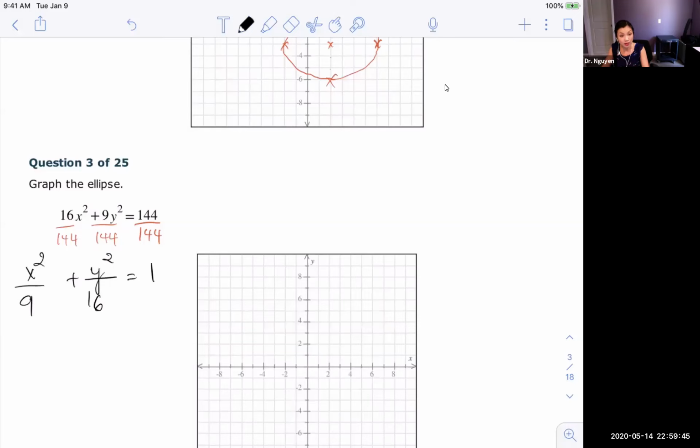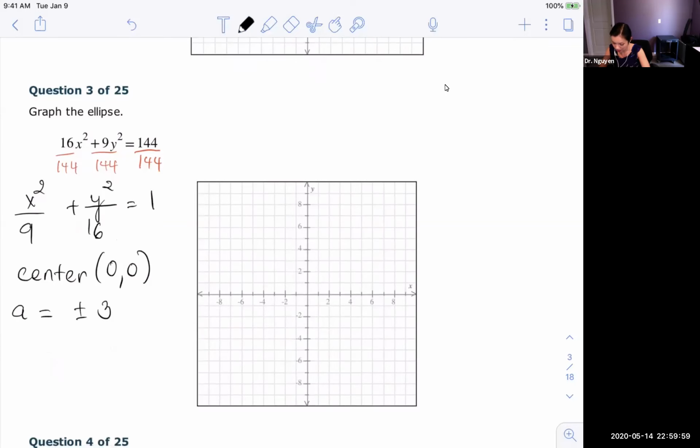Now you know that it's x squared plus y squared, so we know that the center is just the origin. A is going to be plus and minus 3. B is going to be plus and minus 4, right?